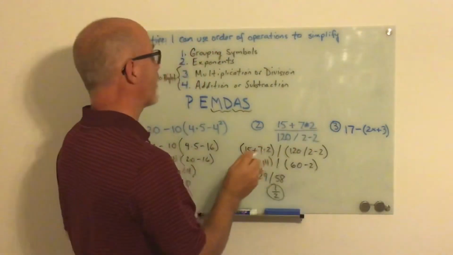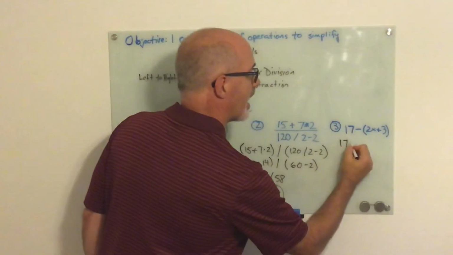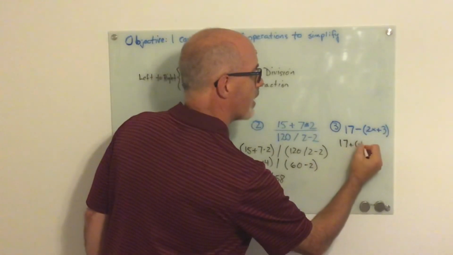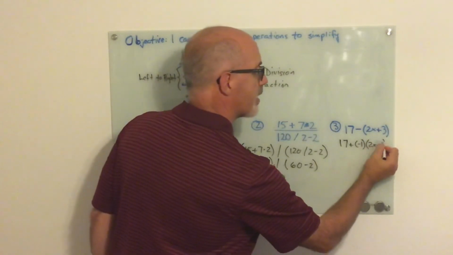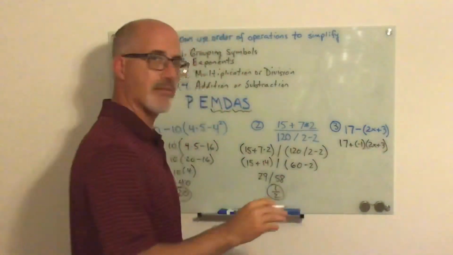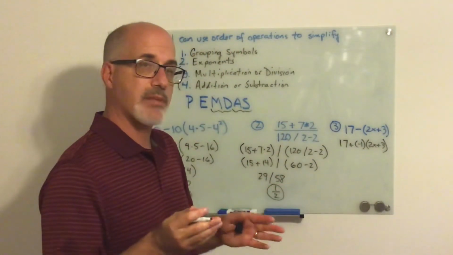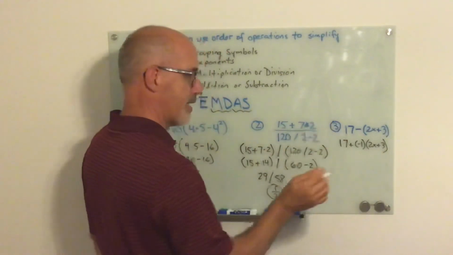It's like having a plus -1 distributed through the 2x plus 3. I can't add these together because I can't simplify a variable with just a number. So these are not like terms, can't simplify.